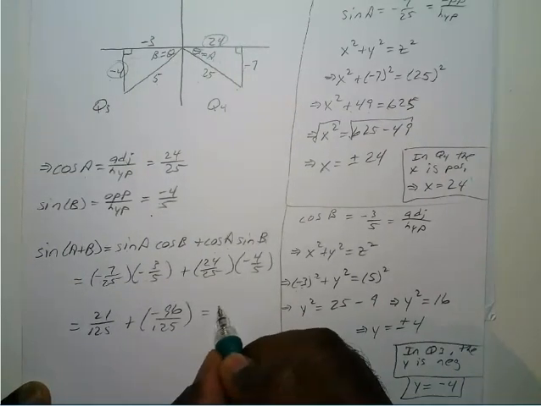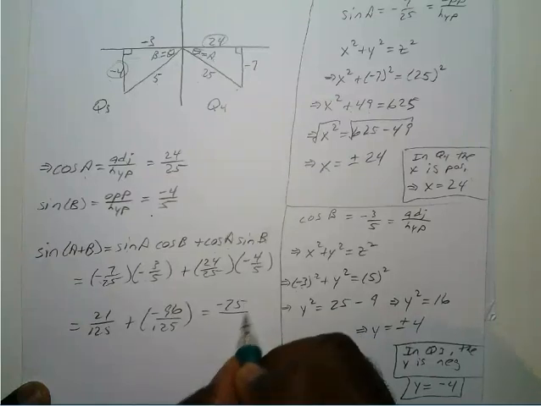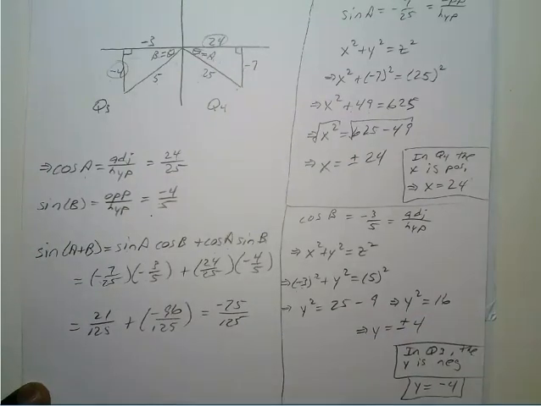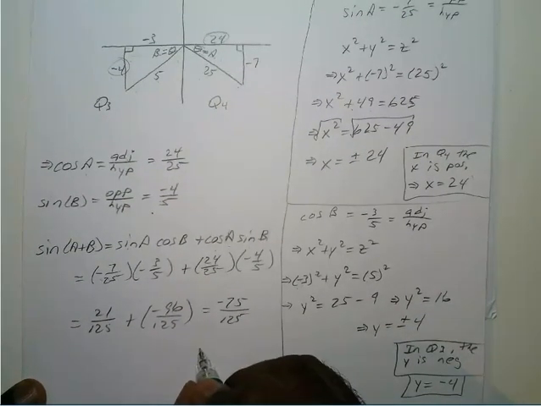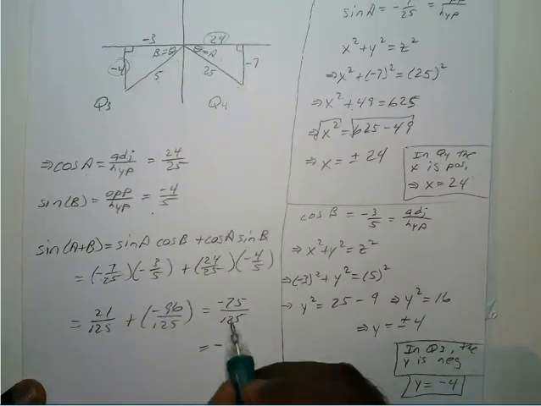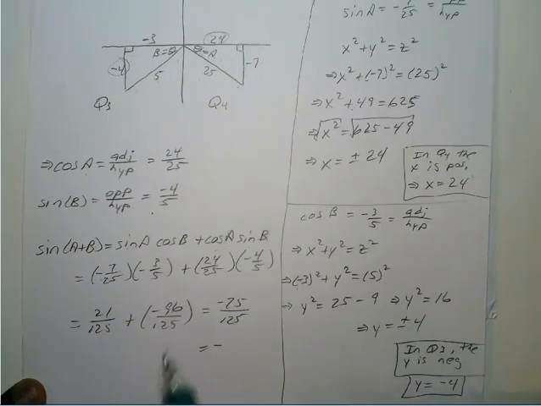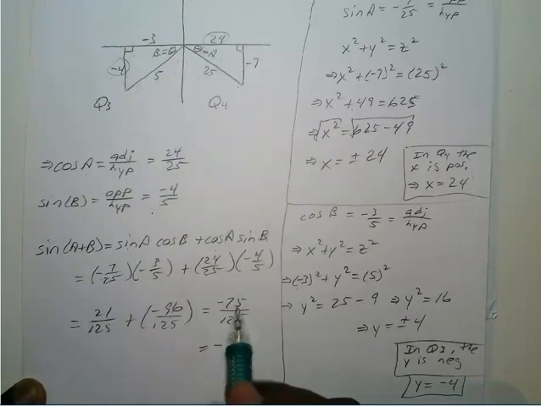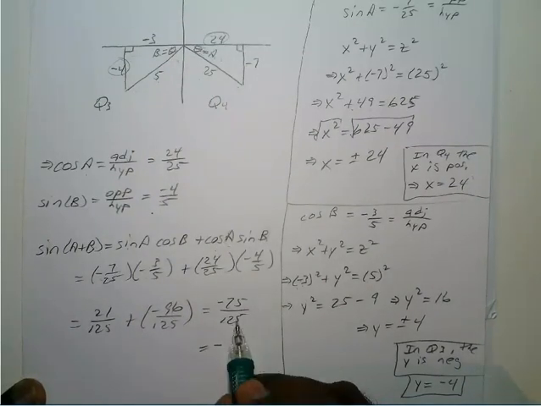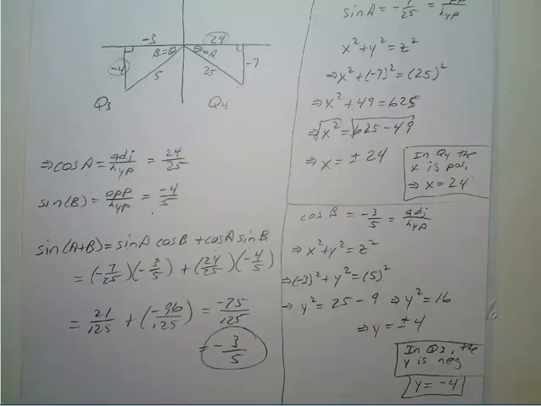Okay, so that's going to equal negative 75 over 125, which can actually be simplified because 25 goes into 75 3 times. 25 goes into 125 5 times. Okay, so sine of A plus B is equal to negative 3 over 5.